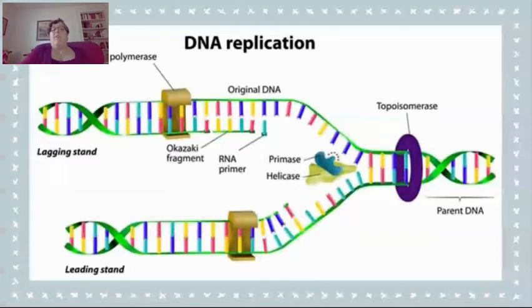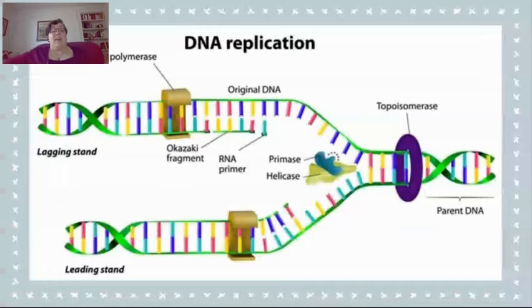There's another protein in there, primase, that's going to get the DNA ready to copy. And then proteins called DNA polymerases can add on to the existing two sides of the original DNA new nucleotides.